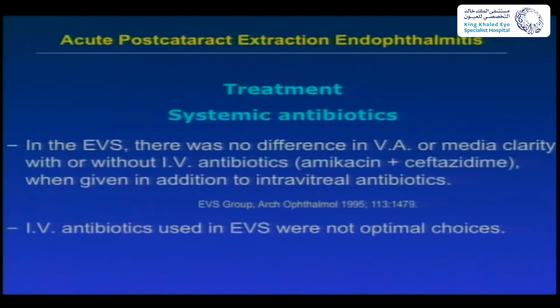This is not a correct combination, using two antibiotics that are both effective for gram-negative isolates, not gram-positive. That's what I wrote here: intravenous antibiotics used in the Endophthalmitis Vitrectomy Study were not optimal choices.